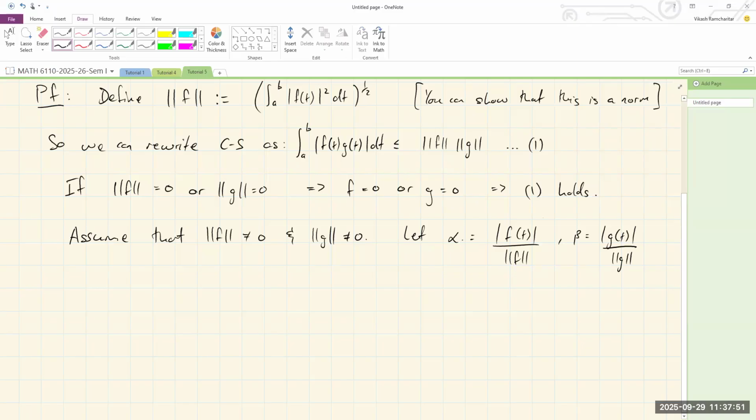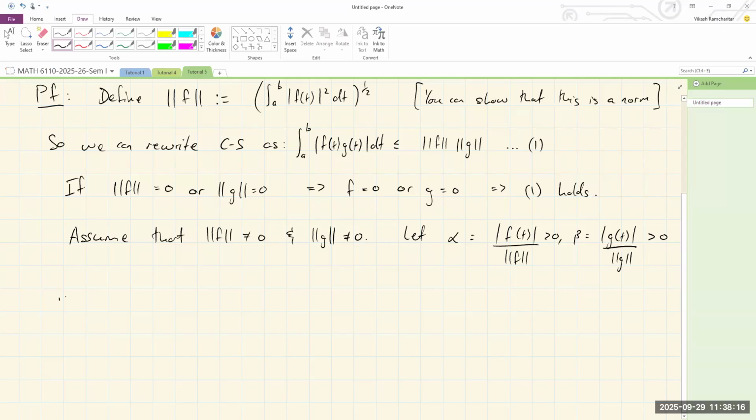So alpha and beta are obviously strictly bigger than 0, because they can't be negative, because you have the modulus, both numerator and denominator are positive. So both alpha and beta are strictly positive.